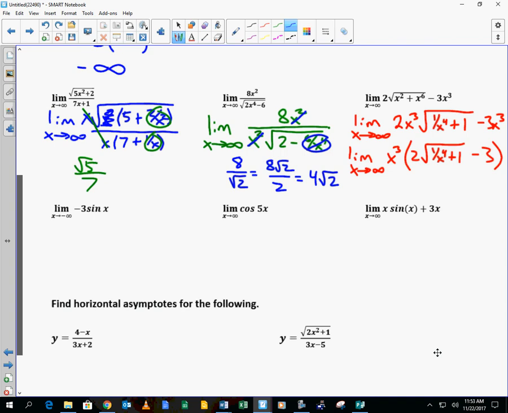So that goes to 0. Square root of 1 is 1 times 2 is minus 3 is negative 1, right? So I get negative some large number cubed. Negative infinity.